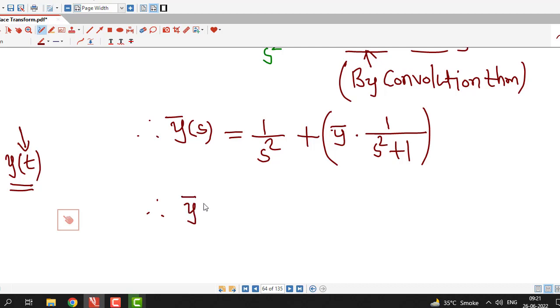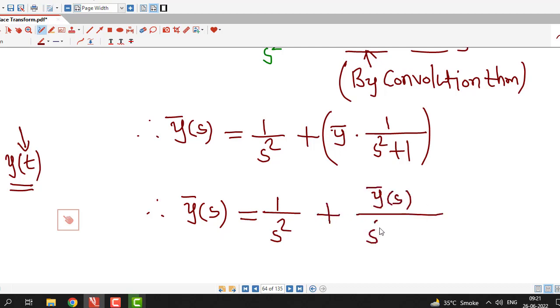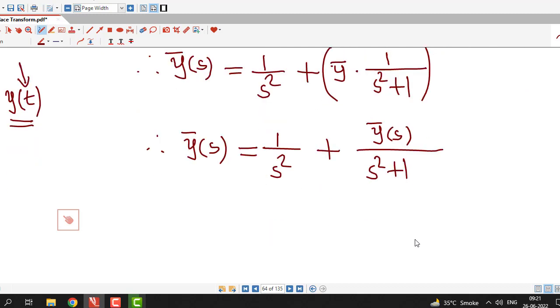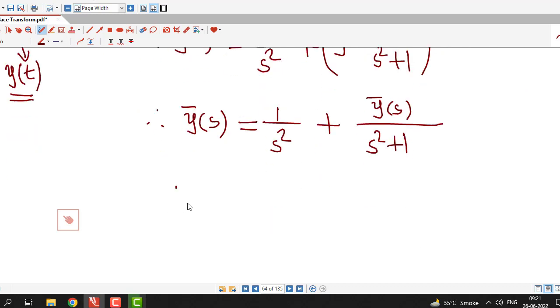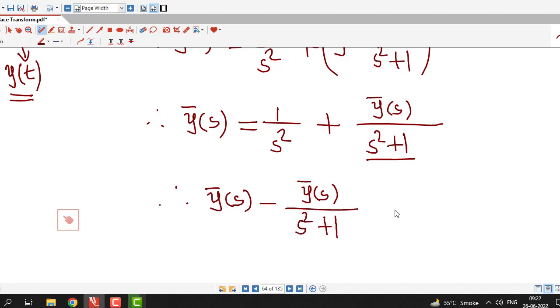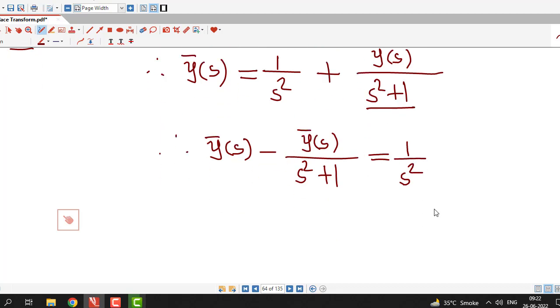So this I can rewrite as y bar s equal to 1 by s square plus y bar s divided by s square plus 1, and I am interested in y bar s. Therefore I consider this on the left hand side: y bar s minus y bar s divided by s square plus 1 is equal to 1 divided by s square.